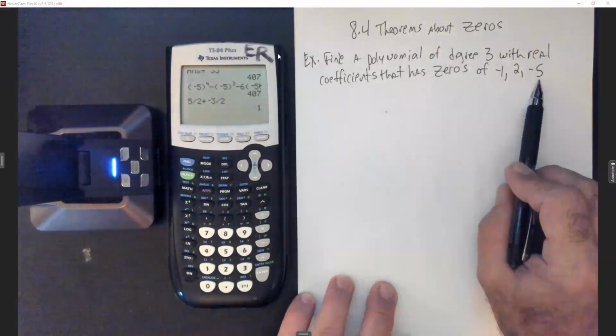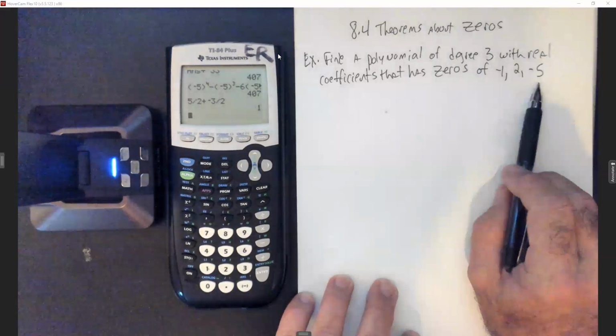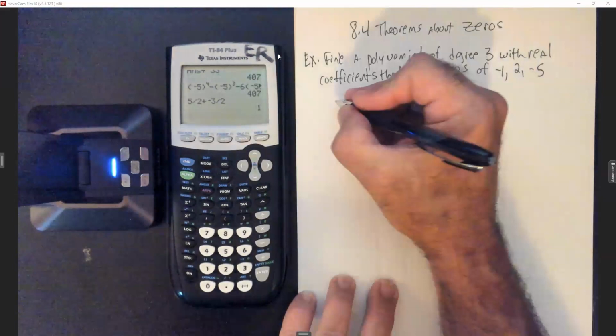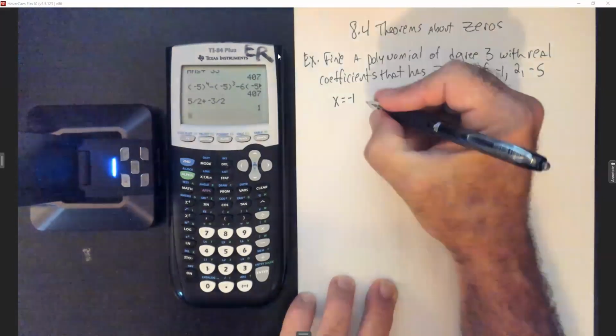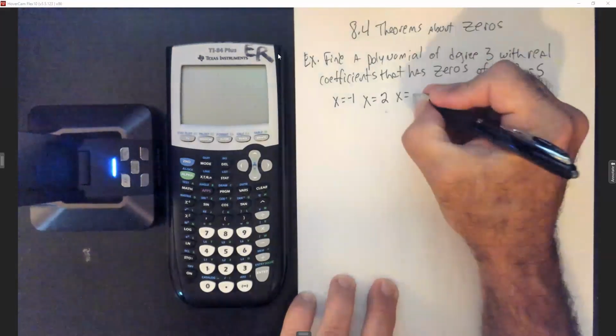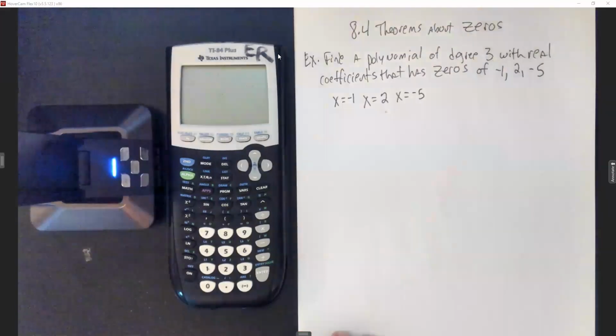So remember, zeros are the solutions, okay? So that means you got an x that equals -1, an x that equals +2, and one x that equals -5. So here's what's going to happen.